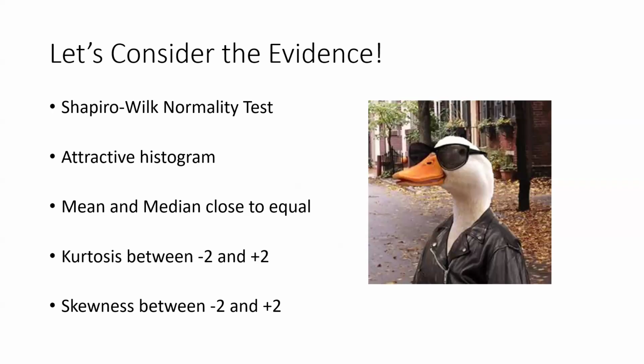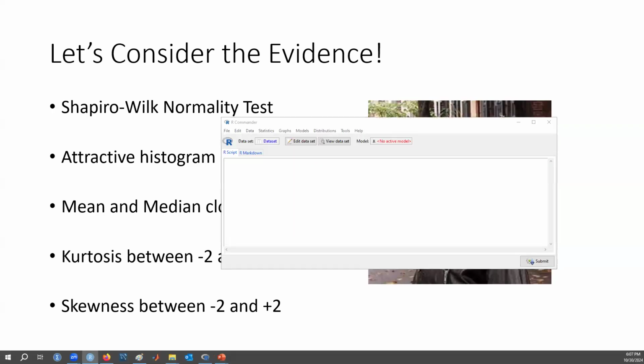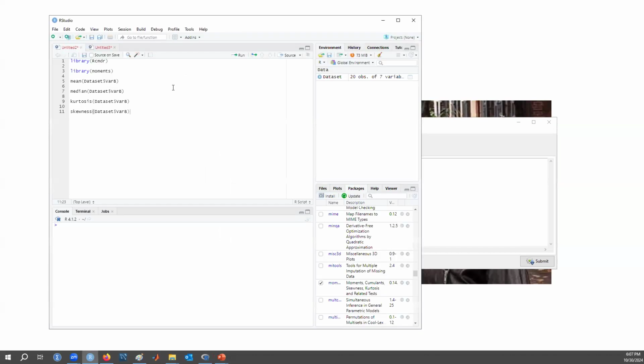And I just want to, before going to the final slide, show you what this looks like in RStudio. So I've already read in the data set. So here is our moments package. I've already initiated it.